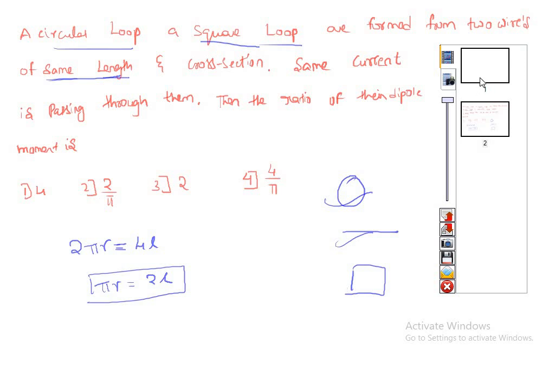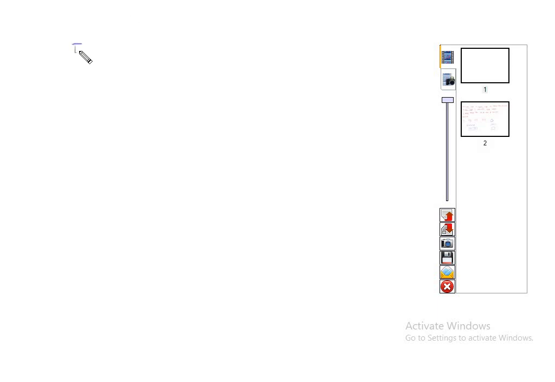So we got 2 pi r equal to 4L, that is pi r equal to 2L. But you need to find the moment ratio: m circle by m square is equal to I pi r square by I L square, which is pi r by L whole square.